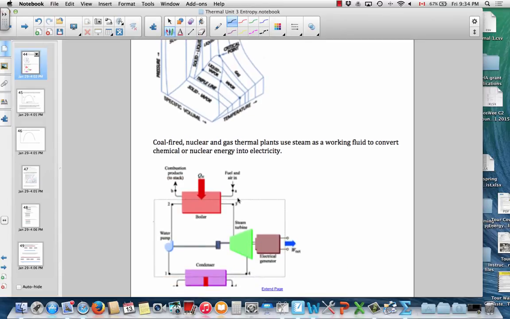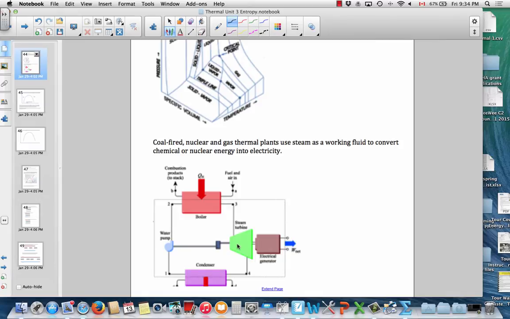Now, the components of a thermal power plant, and by thermal power, it can be burning coal, using nuclear reactions, burning natural gas, or in our case, burning garbage. They all work basically the same. You pump up the pressure, you feed it through a boiler where it gets really hot, and the pressure goes up.